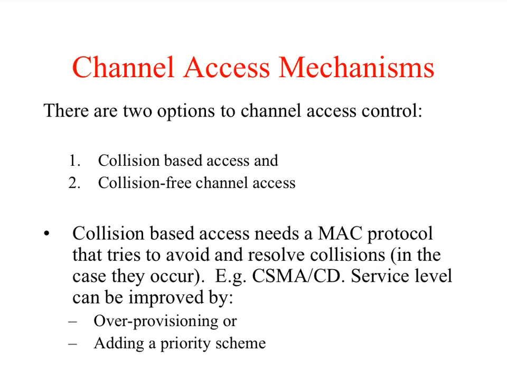So if we allow people to talk in an uncontrolled manner, and we want to provide deterministic quality of service, then the most common way in that case is over-provisioning, which means that we will reject any other user who's trying to access the channel beyond a certain number of users sharing it.